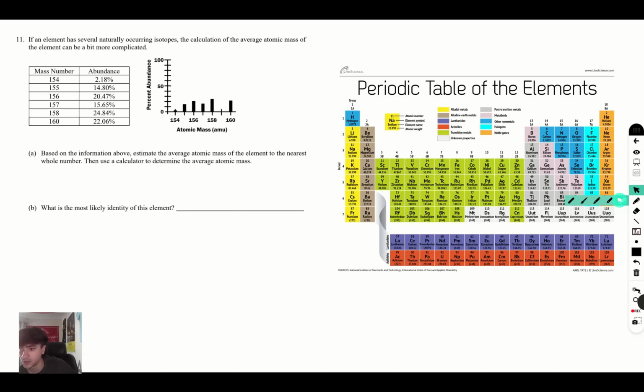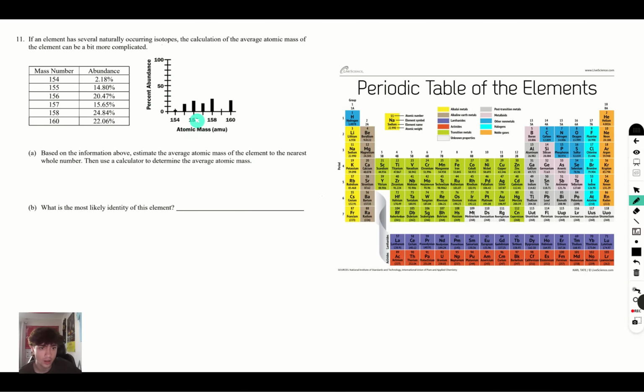All right, here we go. We're given a more complex equation where we have to do the same thing. So once again, you divide the percentages by 100, so 2.18 becomes 0.0218 times 154, and then you add the next one, 0.148 times 155.